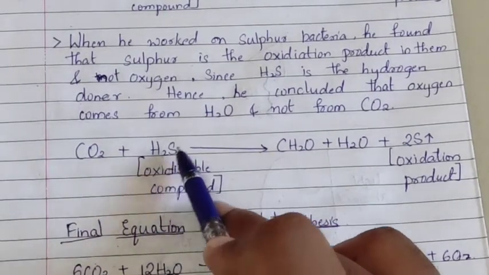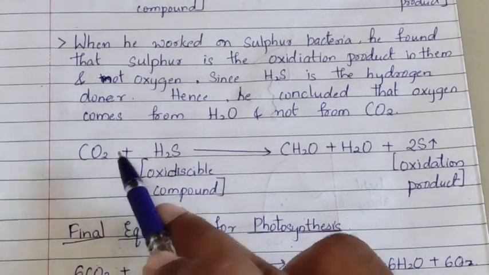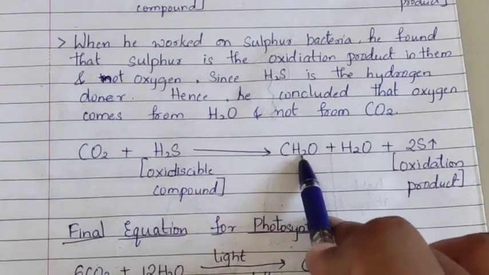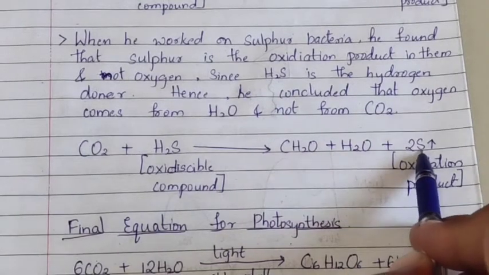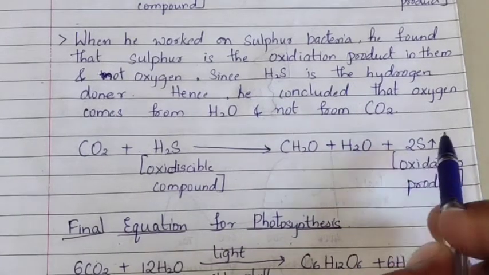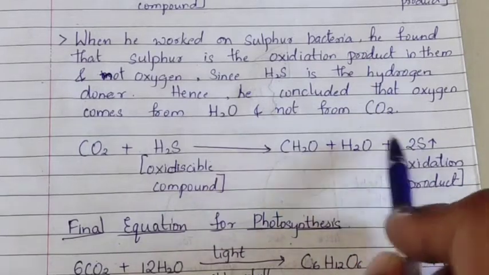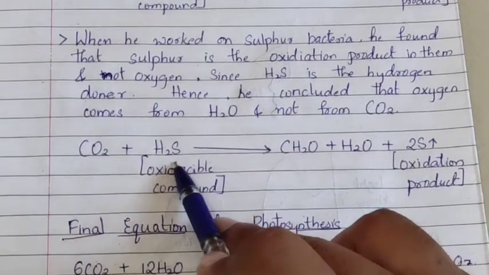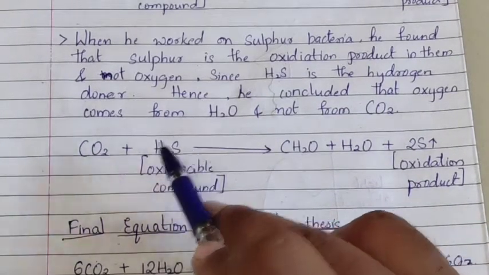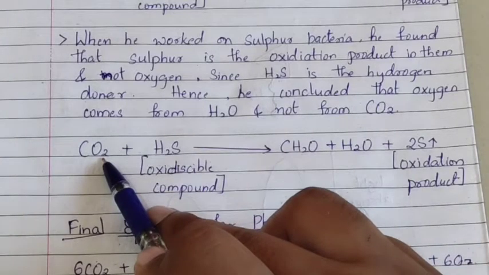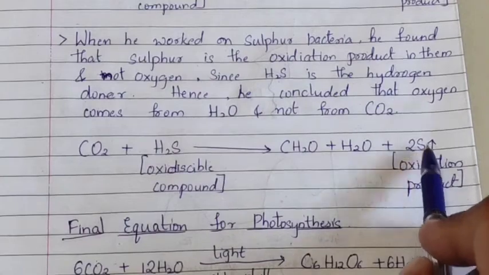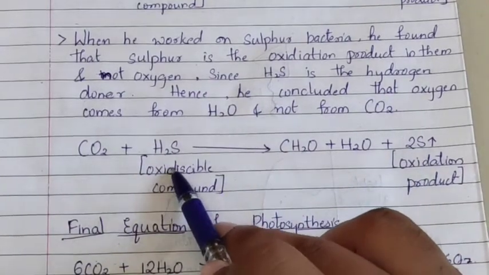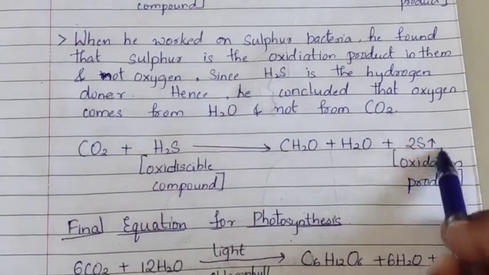The hydrogen from the hydrogen sulfide reduces the carbon dioxide to form carbohydrate, and as byproducts, water as well as the oxidation product sulfur are formed. So sulfur is coming from the oxidizable compound, hydrogen sulfide, and not from the carbon dioxide, because carbon dioxide does not contain sulfur. Sulfur is only present in hydrogen sulfide and it is released as a byproduct.